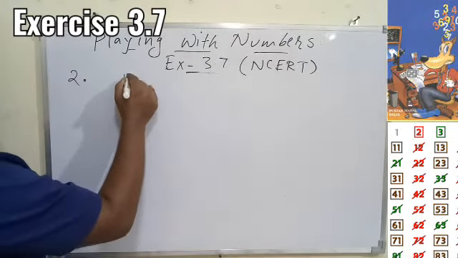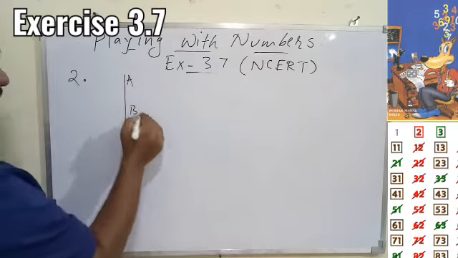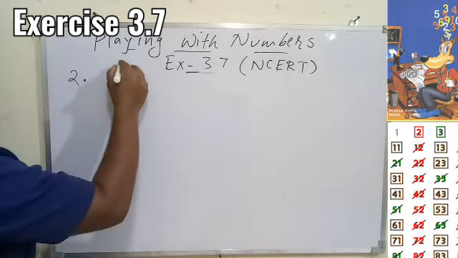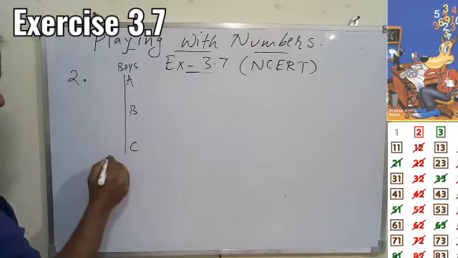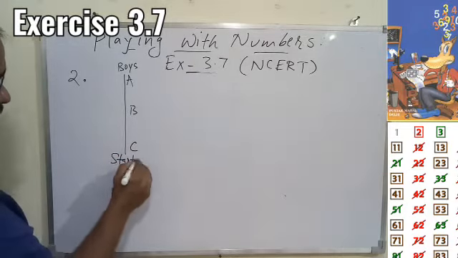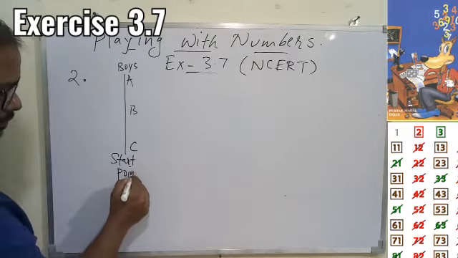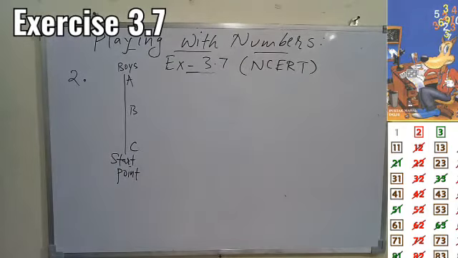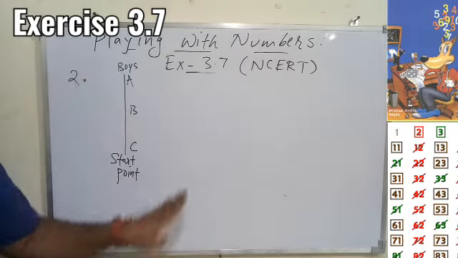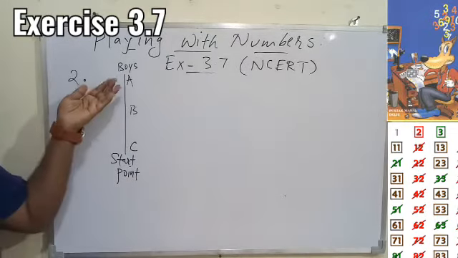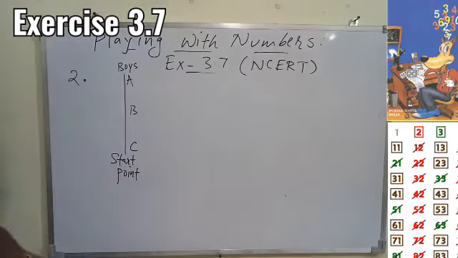There are 3 boys A, B and C. And they are on the same initial point. So let this be the start point. The line you can see, this is the start point. Now all the 3 boys are going to walk on the ground, and all the 3 have different length of the steps.